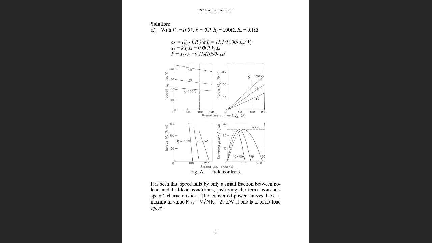Because VA is given, RA is given, K is given, and IF of course changes with the VF voltage. So here we bring in VA 100 volts and RA 0.1 ohms. So we have the armature current IA, which changes with the speed, and chi given as 0.9, and the field current, which is determined by VF over RF.